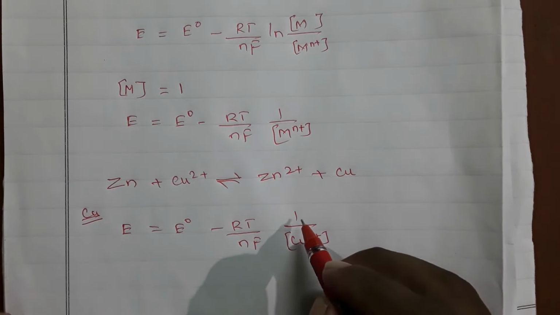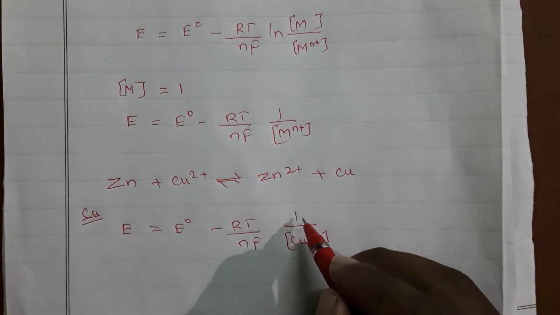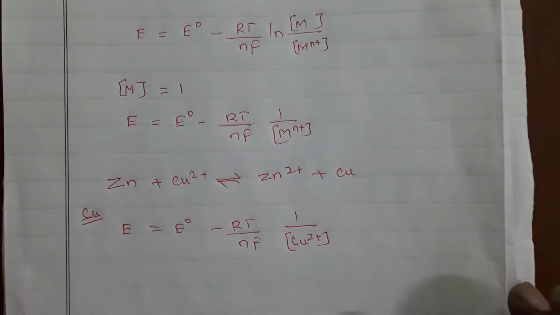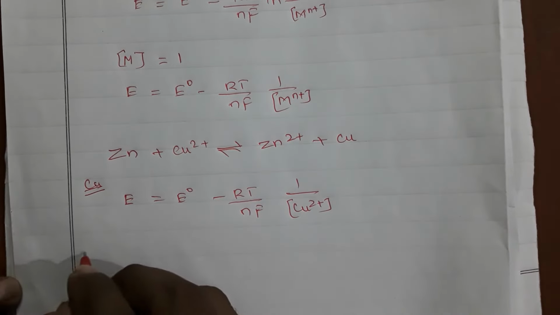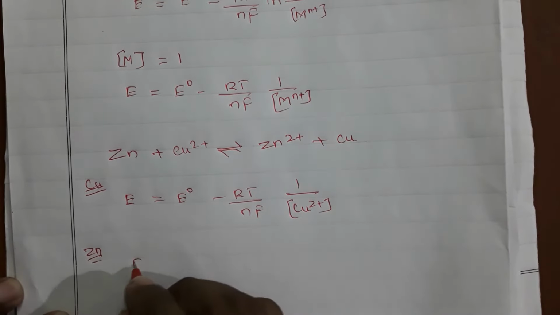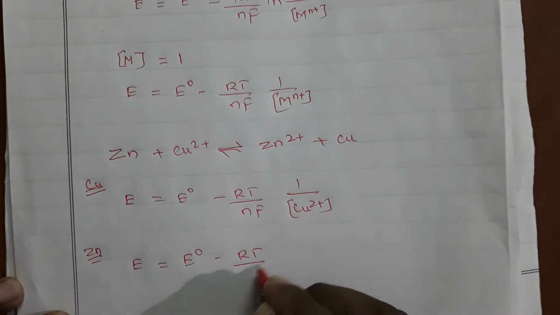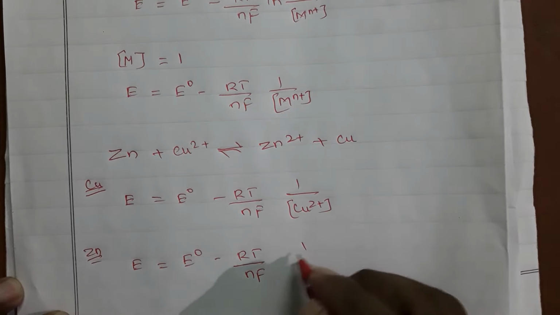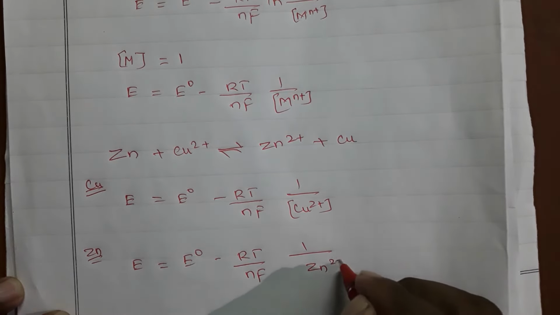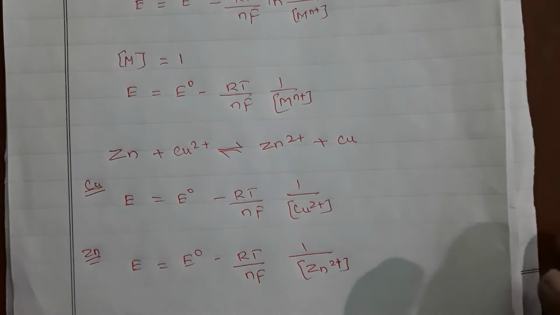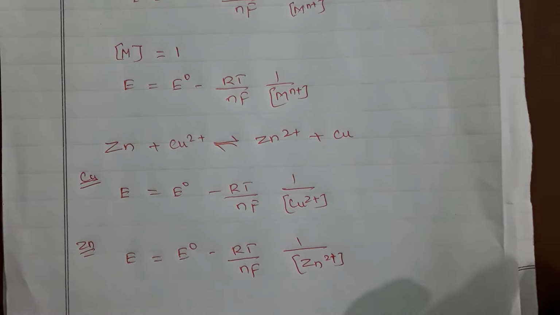Because we are writing copper as a solid, the concentration of copper can be taken as unity. Next for zinc, E is equal to E naught minus RT by nF ln 1 by zinc 2 plus. Here too, zinc as a solid is taken as unity.